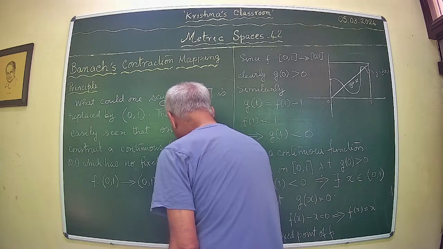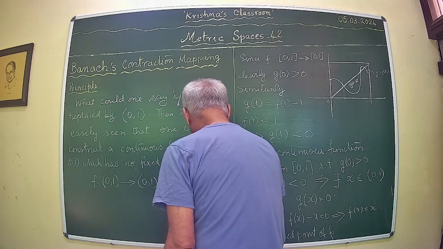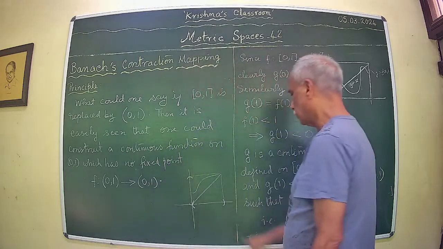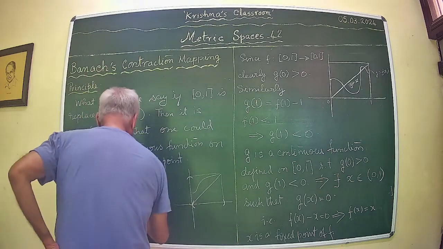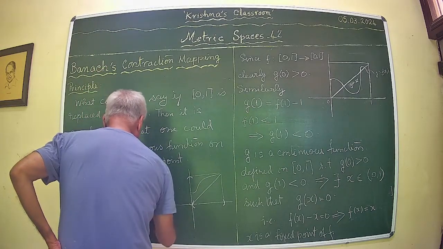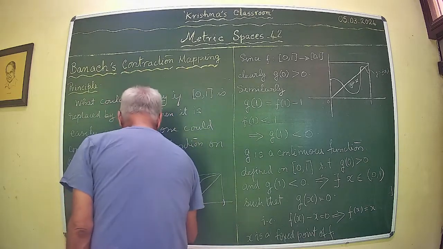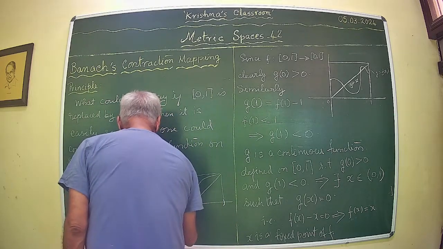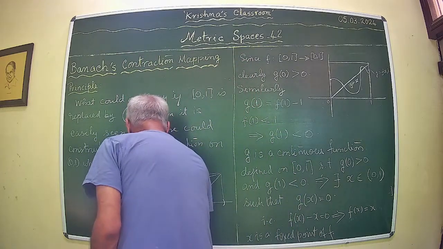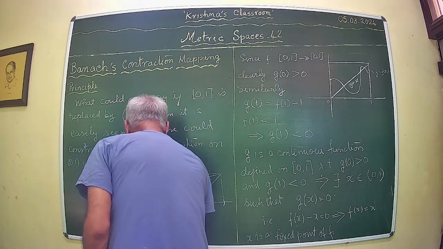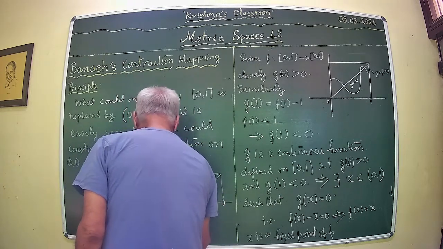So something starts here, say, then possibly tends towards this, goes to 1 as, but fx is greater than x.